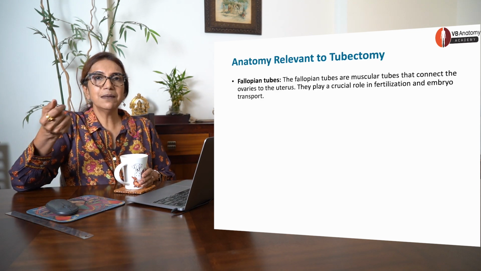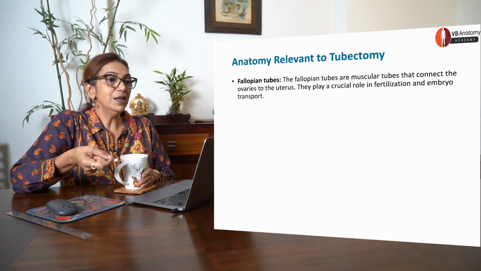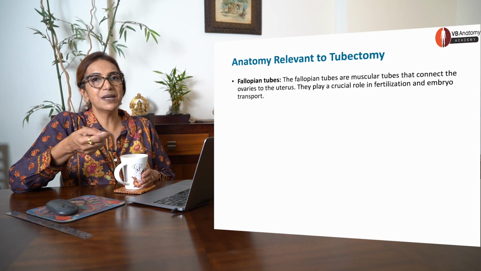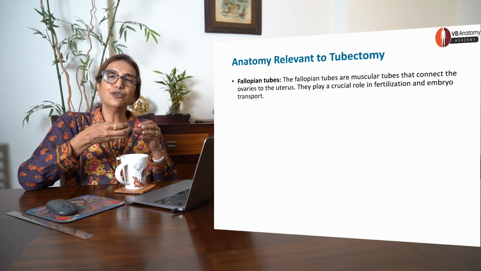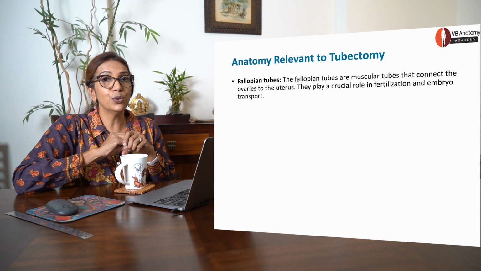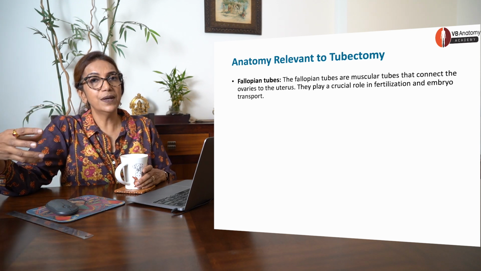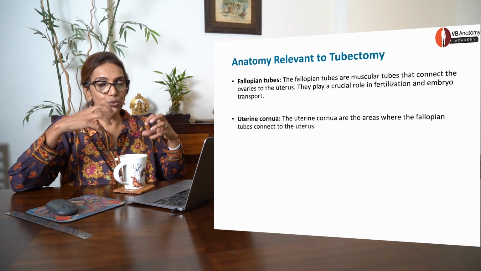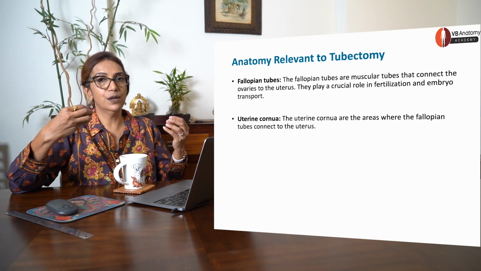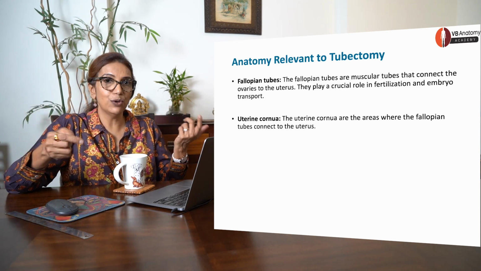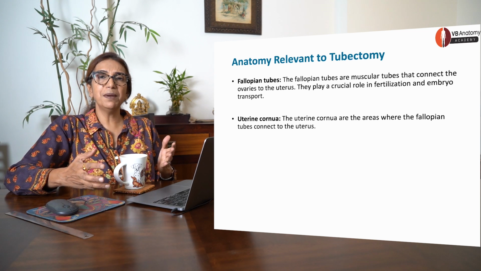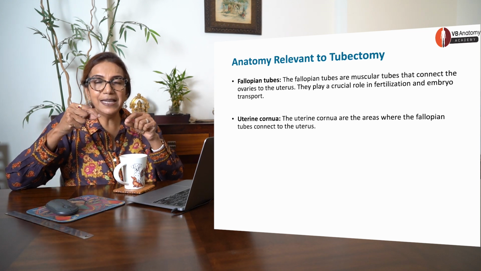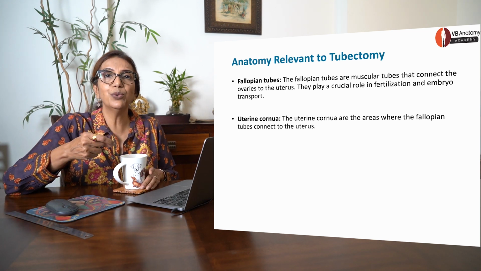So there's some anatomical points you should always remember. One is that the fallopian tubes are muscular tubes medially attached to the uterus at the uterine cornua, laterally draped over the ovary. Remember the uterine cornua, the two lateral angles, superolateral angles of the uterus. Why do you have to remember all this? Because you have a very tiny little incision through which you're going to be doing tubectomy.